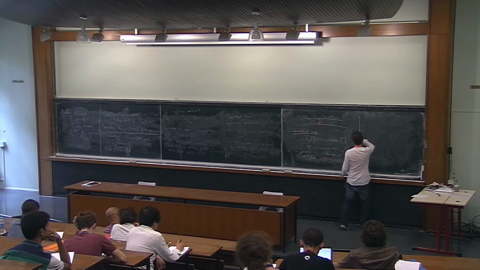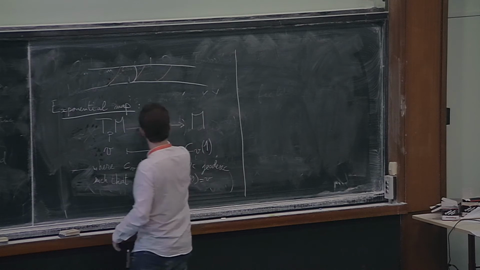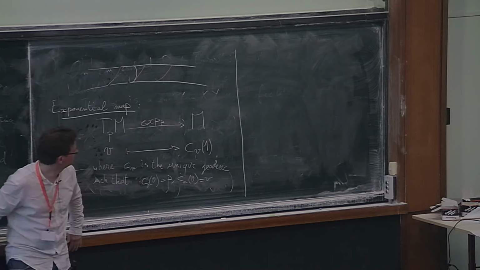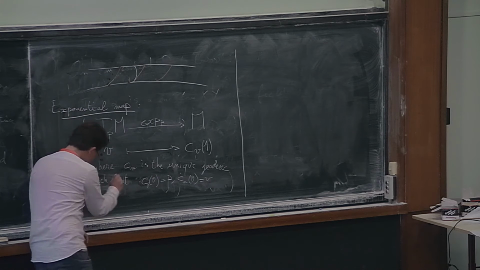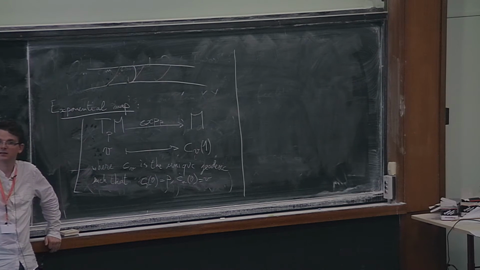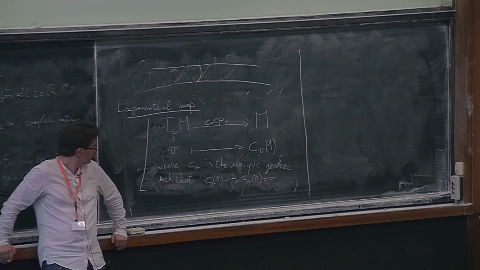So, well, I guess if I want it to be a chart, I need it the other way. So this map is called exp at the point P. So this gives the preferred system of coordinates. But if I want good coordinates, I need that to be smooth and a diffeomorphism.